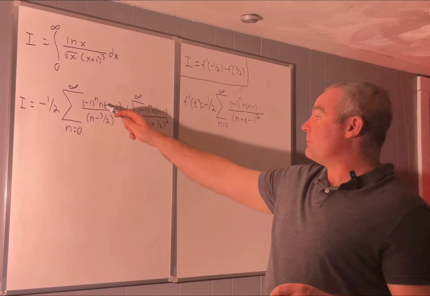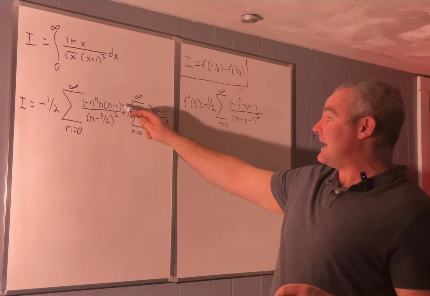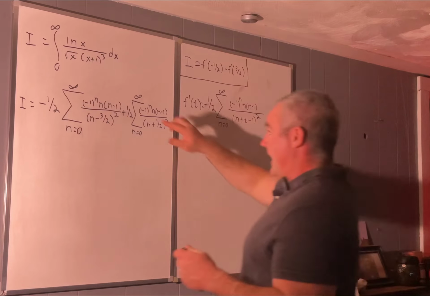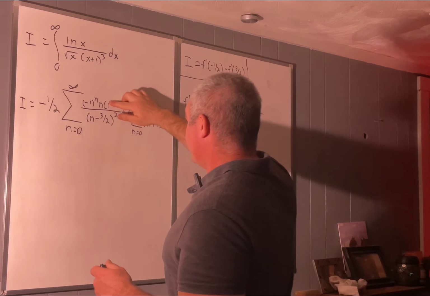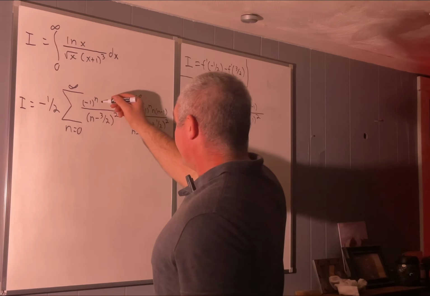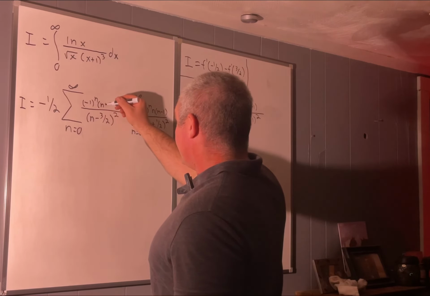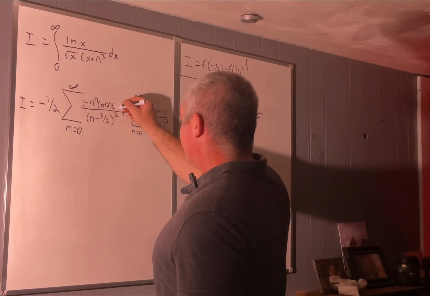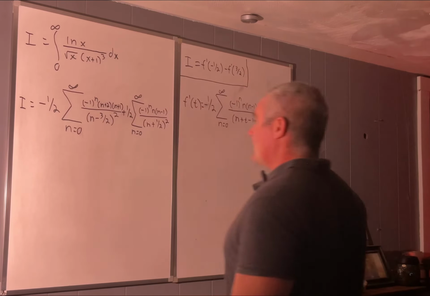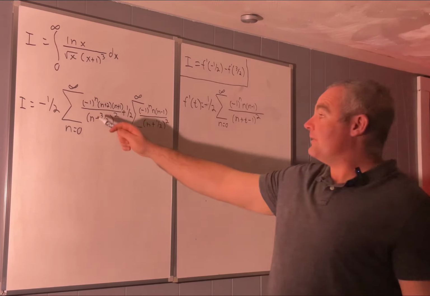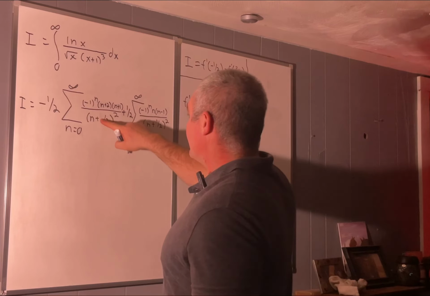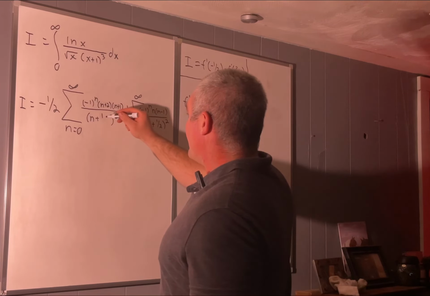This would become an n plus 2, and this would become an n plus 1. Okay, so I'm going to remember that and write that down. So we're going to have n plus 2 and n plus 1. Okay, adding 2 to this would give us n plus 1/2.